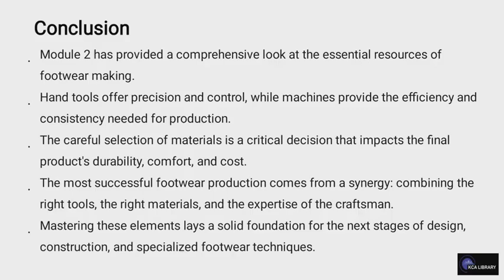The most successful footwear production comes from a synergy, combining the right tools, the right materials, and the expertise of the craftsman. Mastering these elements lays a solid foundation for the next stage of design, construction, and specialized footwear techniques.